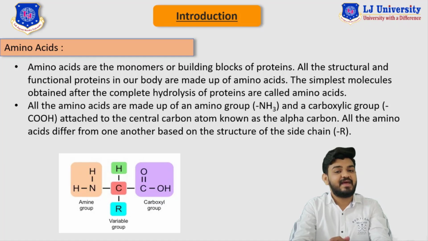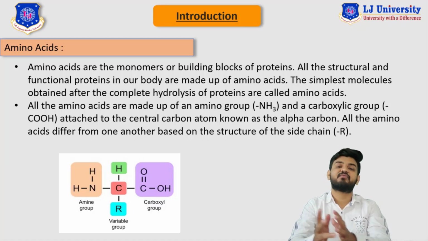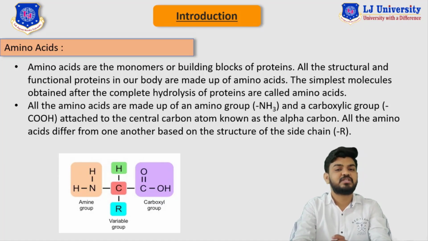On the left hand side the amino group is attached to the carbon, and on the right hand side the carboxylic group, COOH, is attached, and this carbon is known as the alpha carbon. All amino acids differ based on the carbon chain shown by the R attached to this alpha carbon. So all amino acids are different in this chain. So this was all about amino acids.